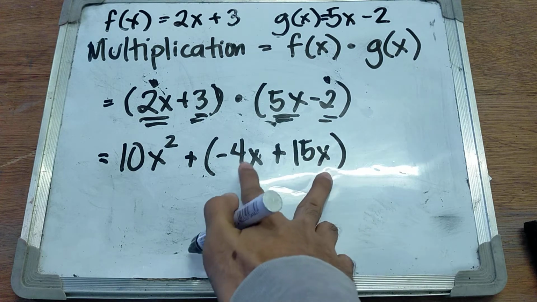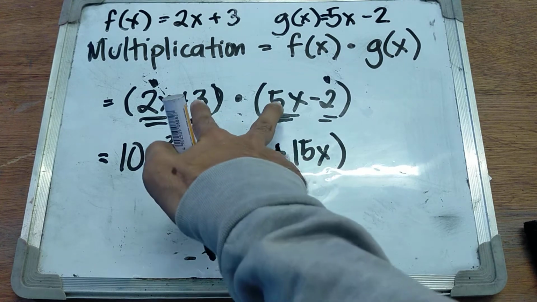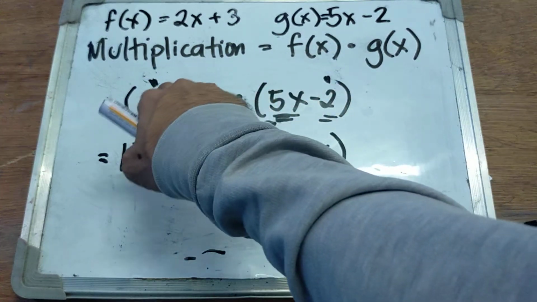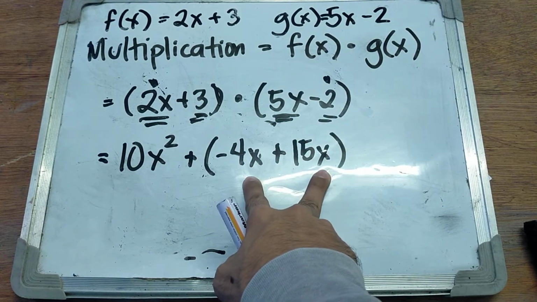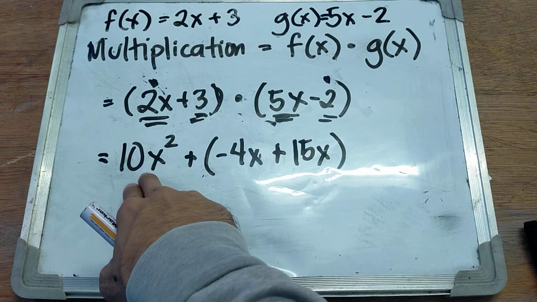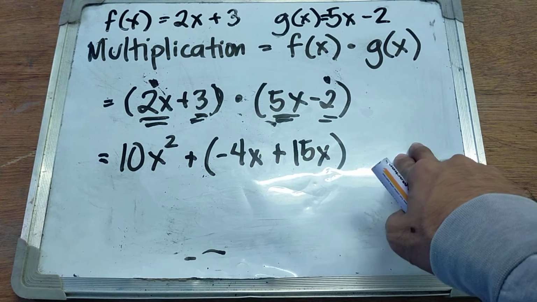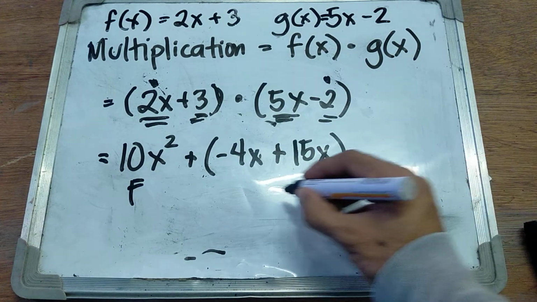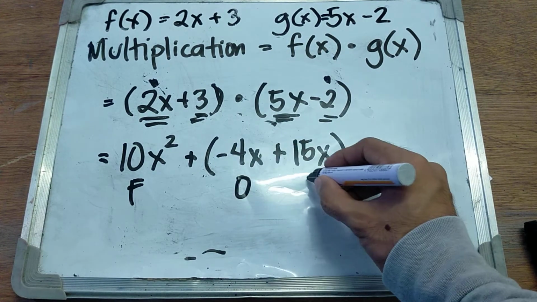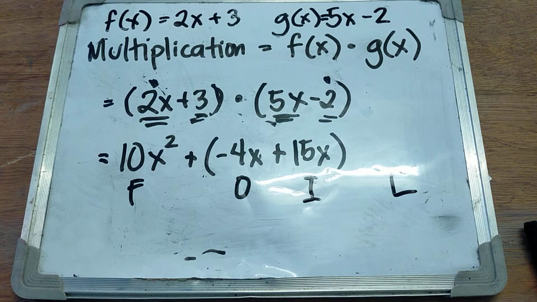So, kaya ko siya pinarenticize, it's because yung result ni outer, tsaka ni inner, okay, ang mangyayari is mag-a-add lang sila. Hiniwalay ko yung f, tsaka yung l. So, ito yung sa first term, ito yung sa last term. So, this is the result of the outer and this is the result of the inner.